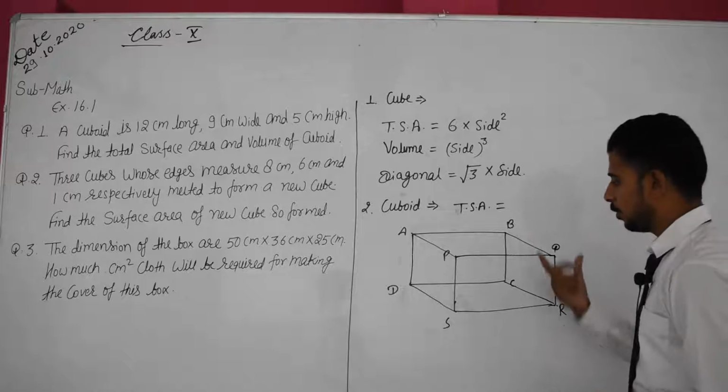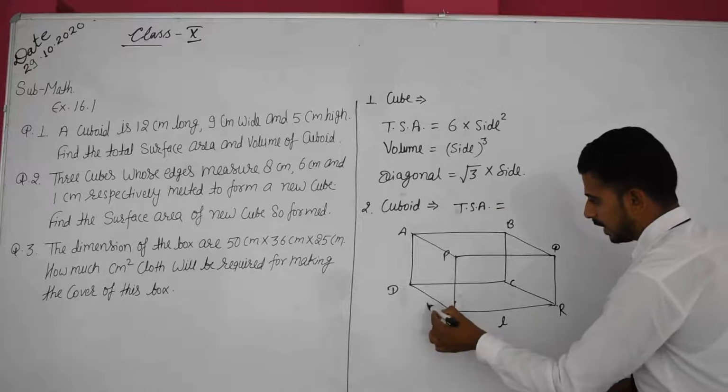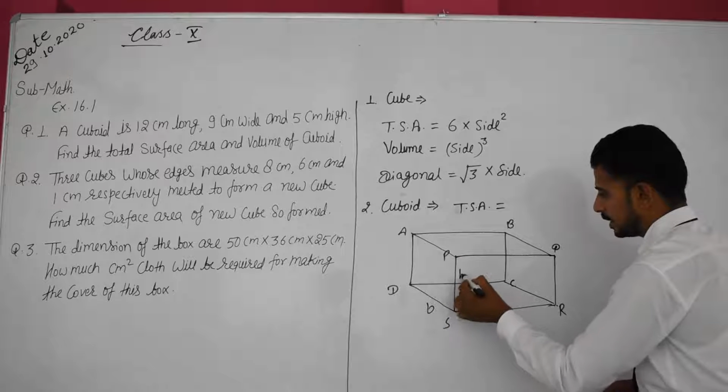Total surface area of cuboid. RS is length, DS is breadth and this PS is height.